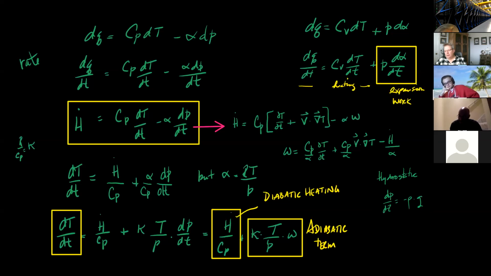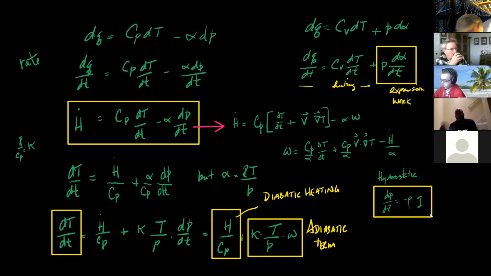Okay, so let's see if you remember this. This is a while back. What is the hydrostatic really? I hope at this point in our class you know that the hydrostatic is a vertical balance of two forces, pressure gradient force and gravity.